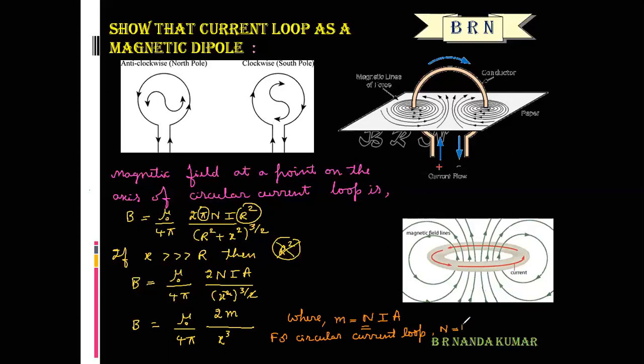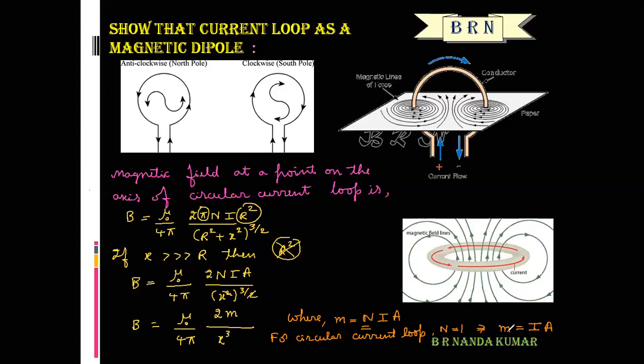N is equal to 1. So that is why the magnetic dipole moment of circular current loop is I into A. So the product of current flowing through the circular current loop and area of the loop. Okay. So this is the magnetic dipole moment.